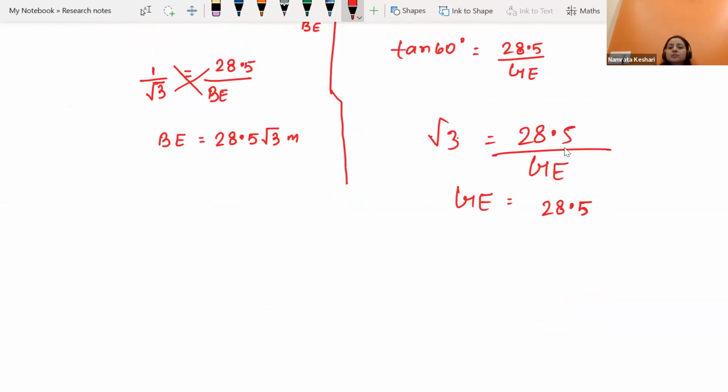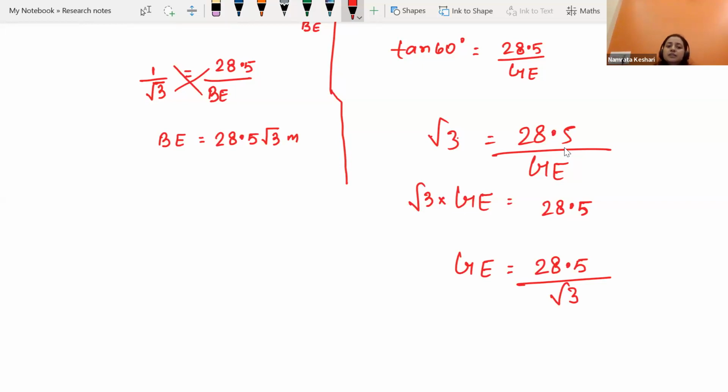This √3, let's do 3 into G is 28.5. Yes or no? Yes, ma'am. Then G will be, is it so? Yes, ma'am. Yes. Okay, this is what we are.